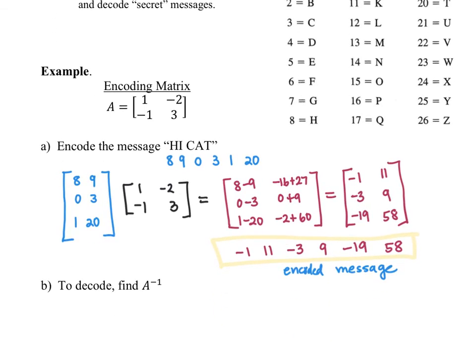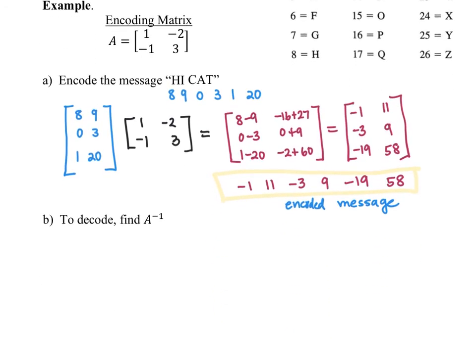Now how is my friend going to decode it? First, my friend has to know what the encoding matrix is, because my friend has the same encoding matrix. To decode the message, they need to find the inverse. Why is this good? Because even if someone accidentally finds my encoding matrix, unless they know pre-calculus, they're not going to know how to find the decoding matrix.